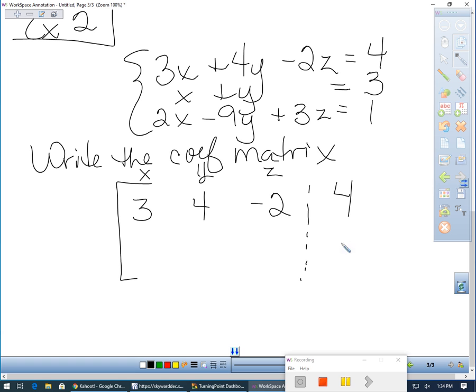So when I write the next one, I have 1x plus 1y. How many z's do I have? 0. Make sure you include that 0 in there. And it equals 3. Last equation. 2, negative 9, 3, and 1. That's it.